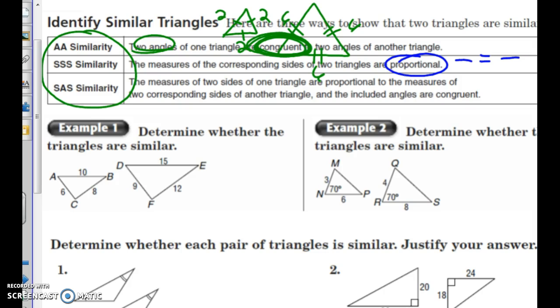Somebody tell me what's special about side, angle, side. Good. The angle has to touch both sides. What's that called? When the angle touches both sides.